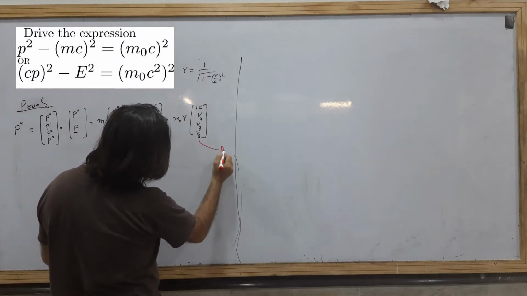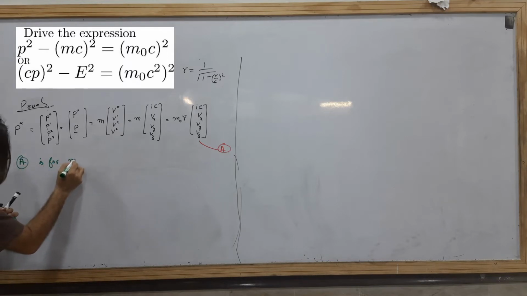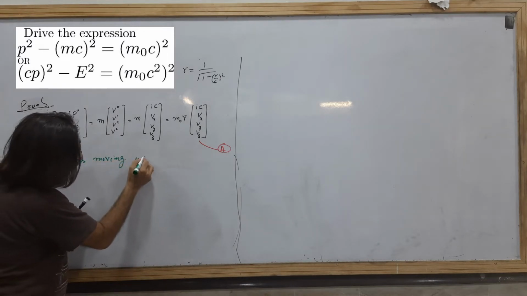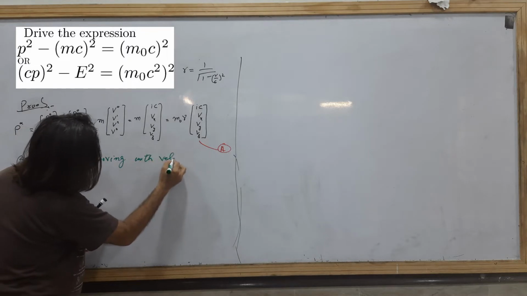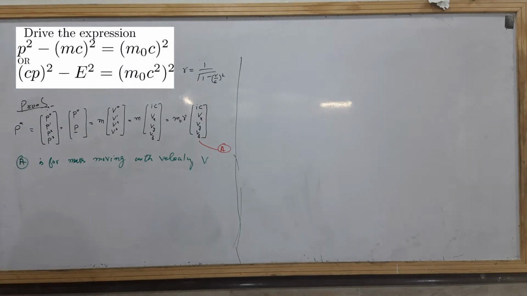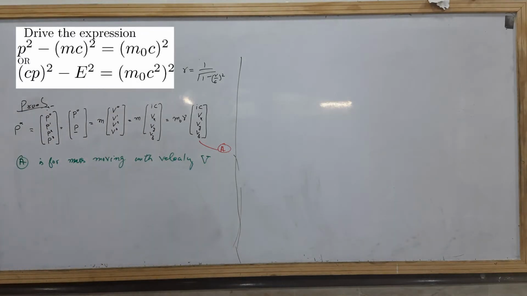If I say this is expression A, expression A is for a mass moving with velocity V. If something is moving with velocity V, that I have already explained.